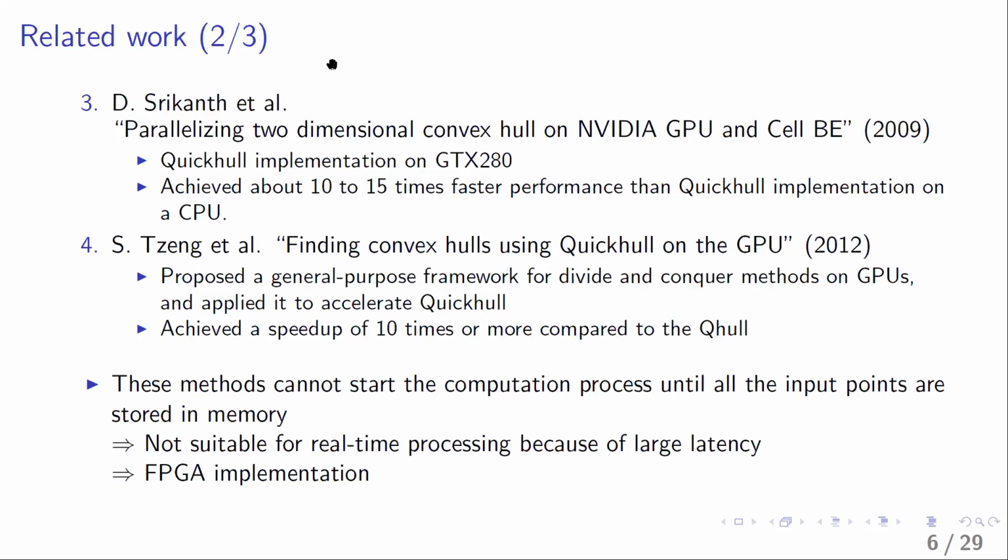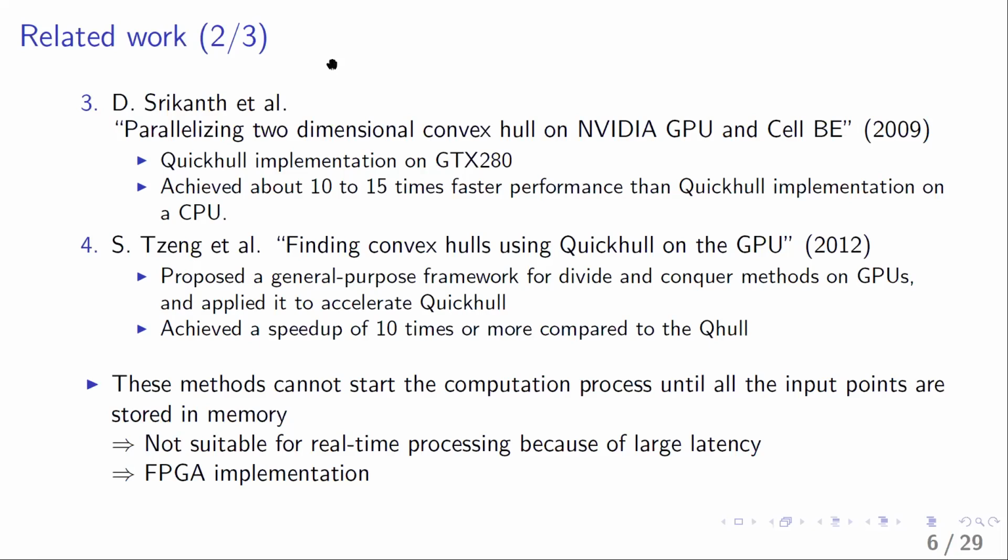They achieved a speed up of 10 times or more compared to the quick hull implementation. These methods cannot start the computation process until all the input points are given and are stored in memory. Thus, they are not suitable for real-time processing.